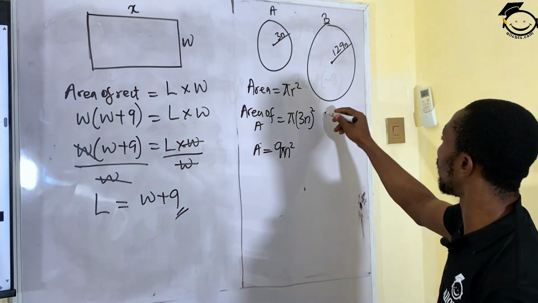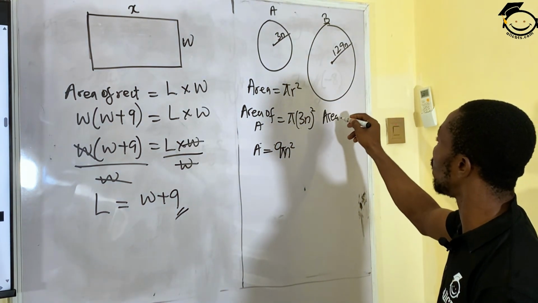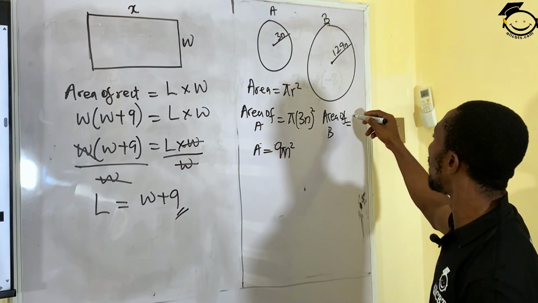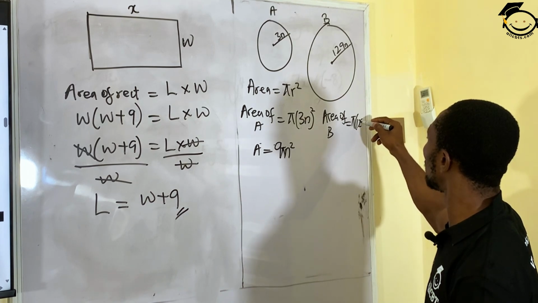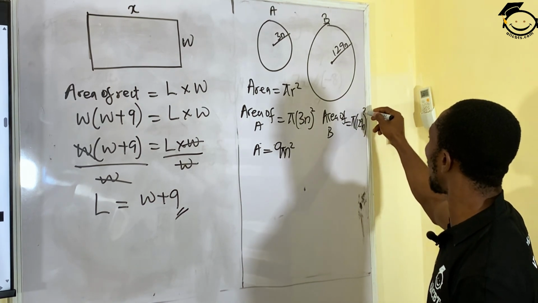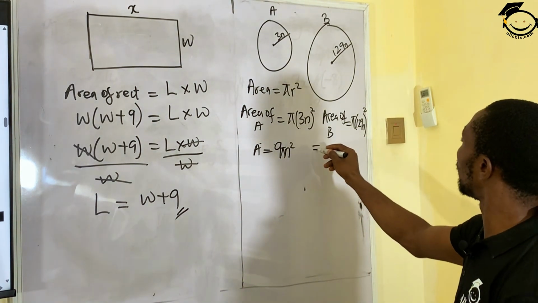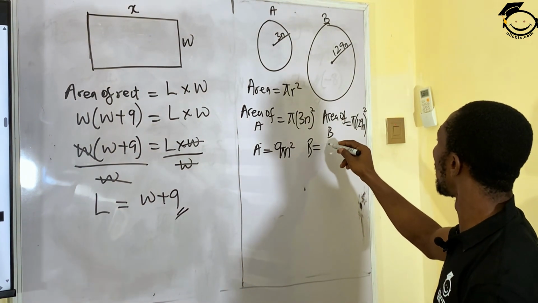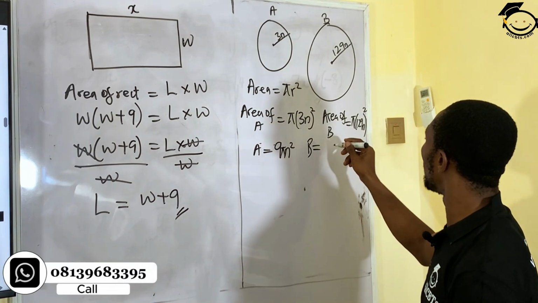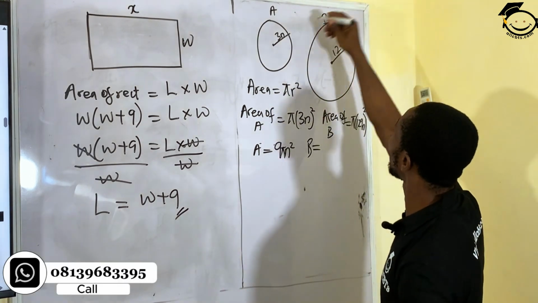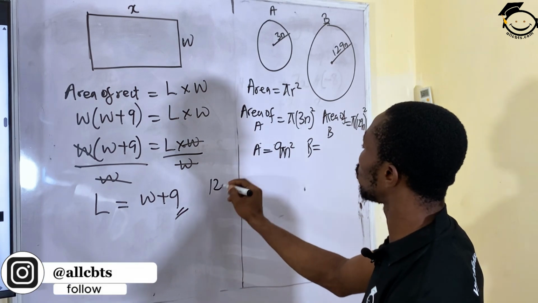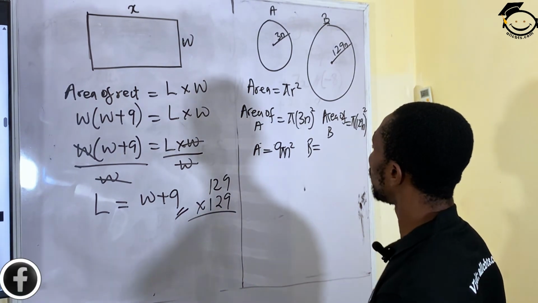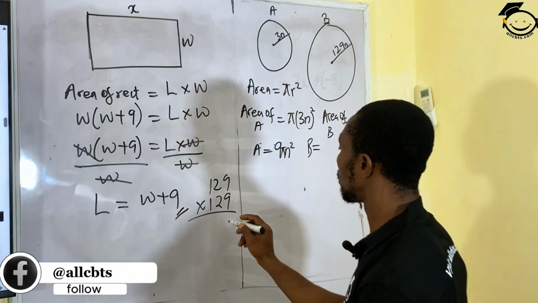While for area of B, area of B will become pi times 129n all squared, which will now give us B equals 129 times 129. 9 times 9 will give us 81.